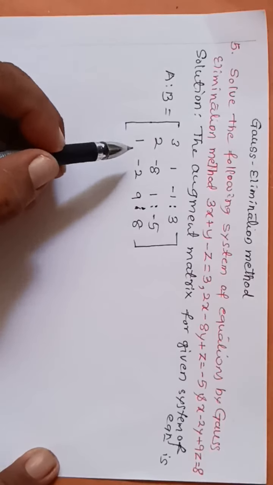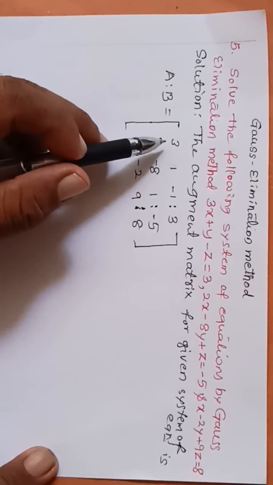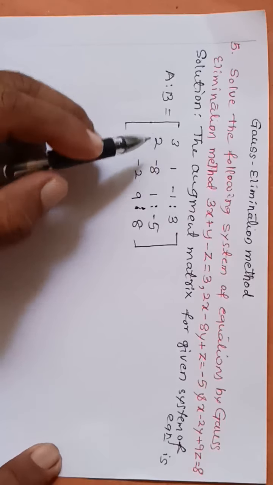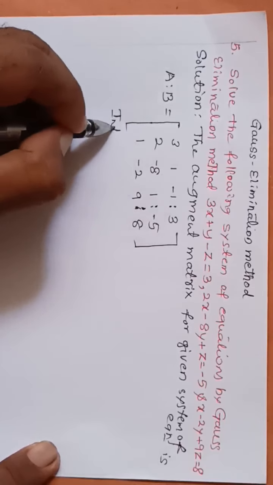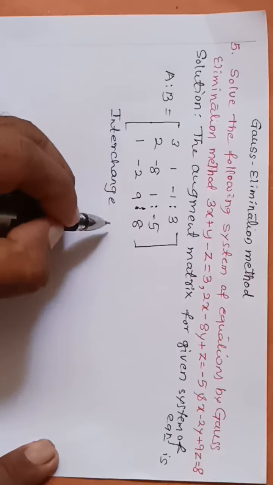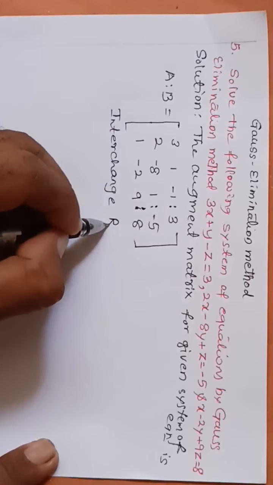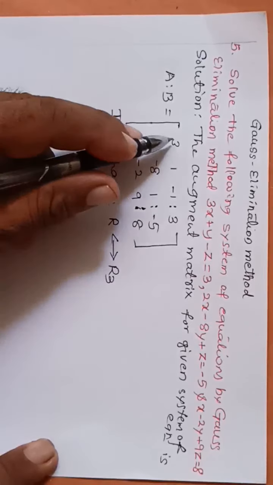Next, if the leading number is 1, it is easier to solve the problem. So we interchange R1 and R3, because the leading number must be 1.